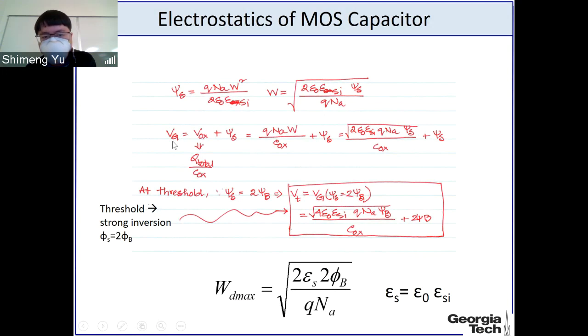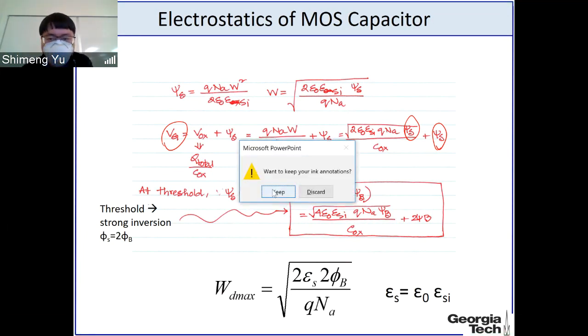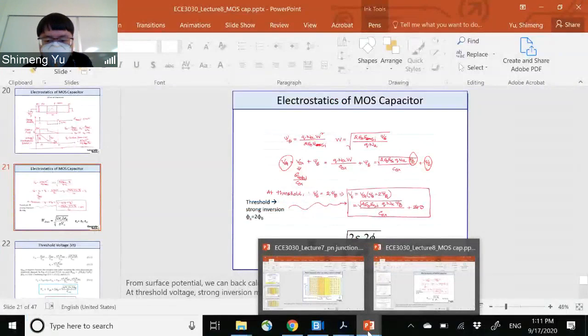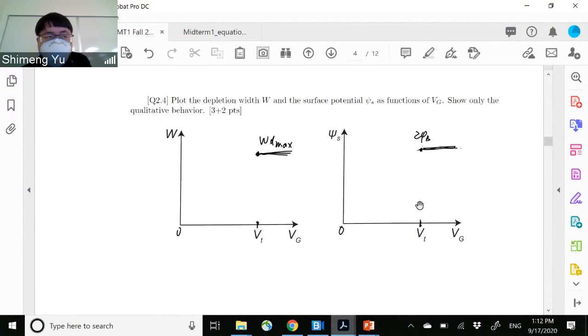So you see the gate voltage and the phi s here. And one of the plots we ask you to draw is the relationship between the Vg and phi s. Right, so you are asked to draw the phi s and Vg relationship, but the equation is given there. Here, how do you draw it qualitatively? So you look at this equation.